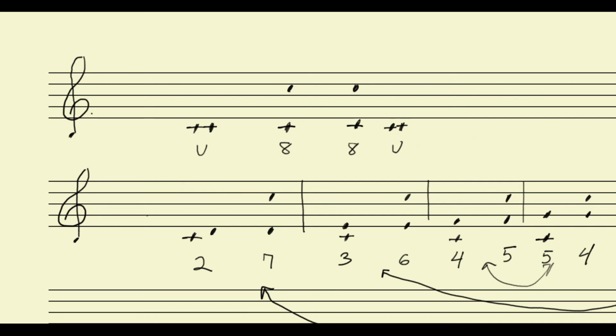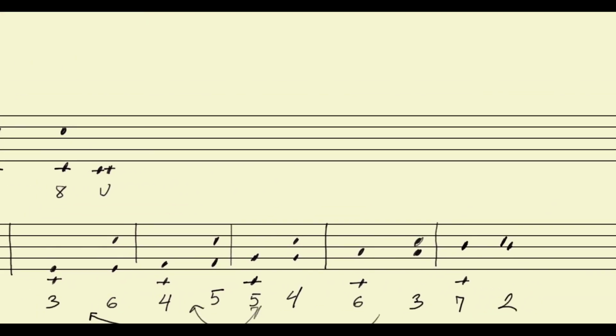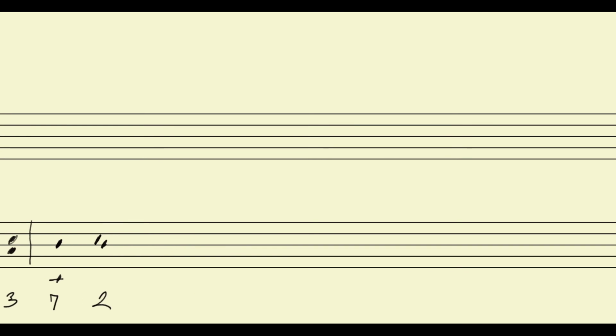So if we put this all together, and this is going to be one of the more mathematical things we look at this semester, let's just make a little chart. So the unison inverts to the octave. The second inverts to the seventh. The third inverts to the sixth. The fourth inverts to the fifth.